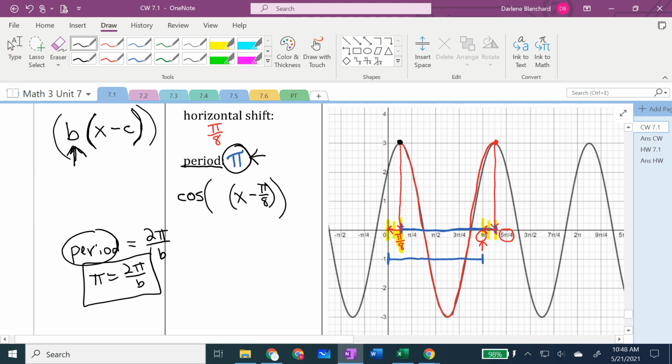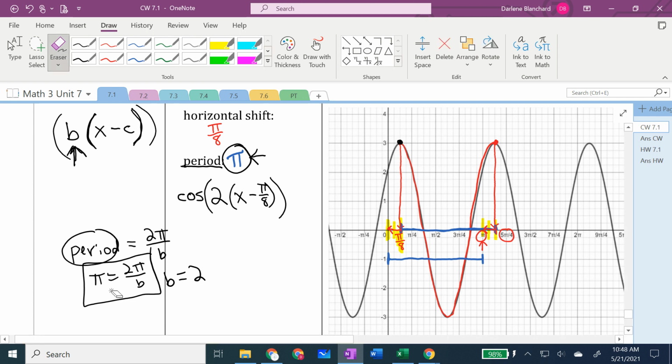When I solve this equation, the answer is that b is equal to 2. Now, that takes care of the horizontal issue. But I still haven't dealt with the vertical issues.